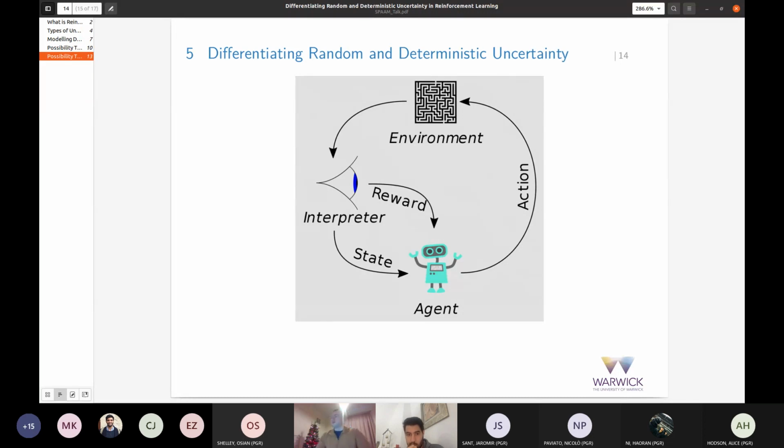Okay. So obviously in the real world there's a lot of things that are dependent on both random and deterministic uncertainty, and possibility theory can deal with those as well. And in some sense that's the real potential of possibility theory on this problem, because in reality most things are a mix of deterministic and random, but there's not really too much time to talk about that.